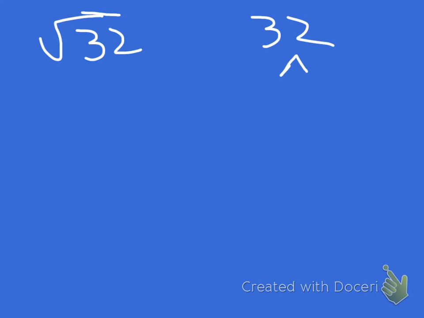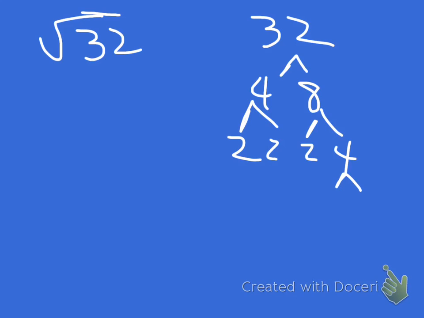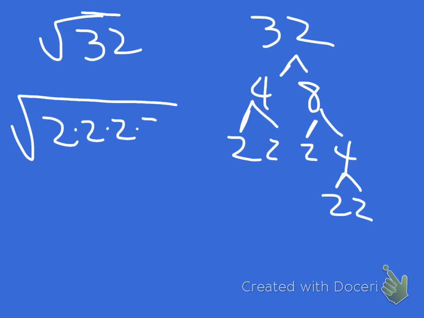Okay, and then you wanted to do 32? It's the square root. They don't look like they're giving you any cubes. For this one, 4 and 8 go into it, which breaks down to 2s. How many 2s do we have there? 5.